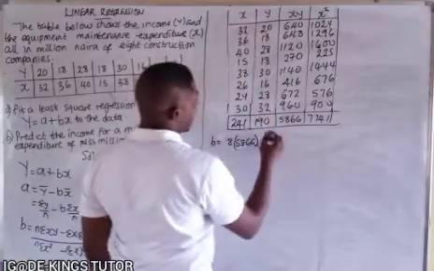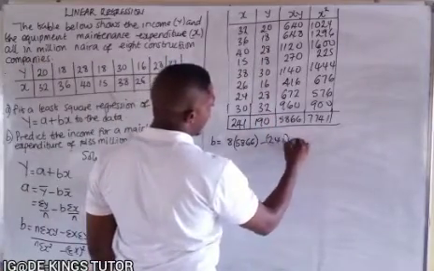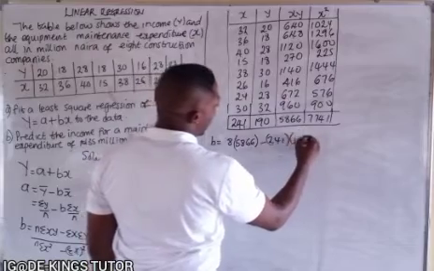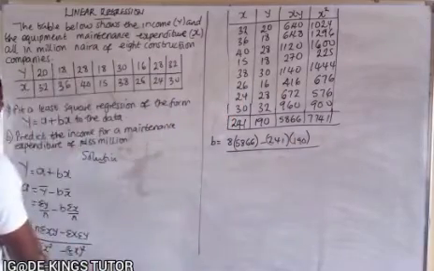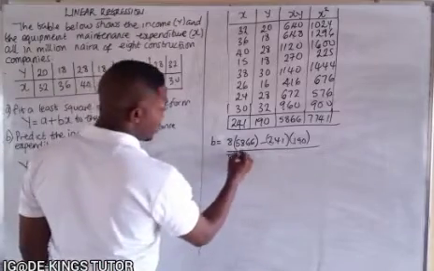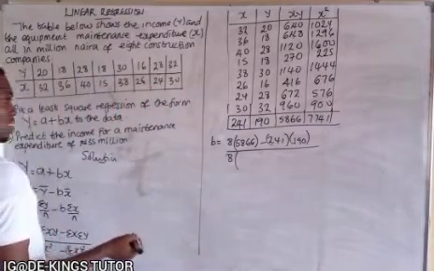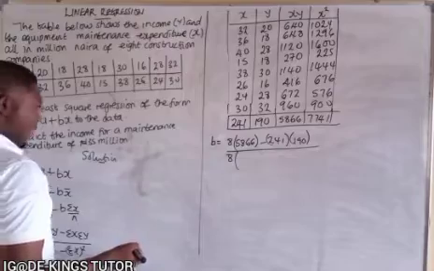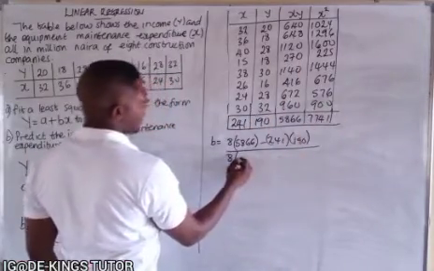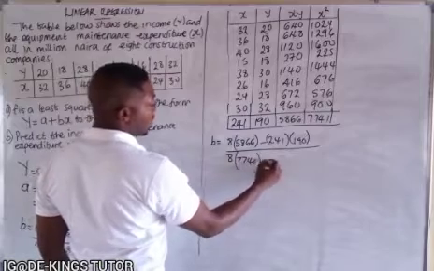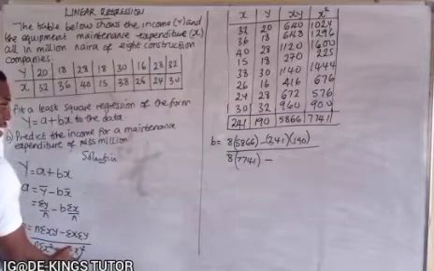Summation of x is 241 and summation of y is 190, all divided by our n, which is still 8. This is summation x squared, which is 7741 minus summation x all squared.